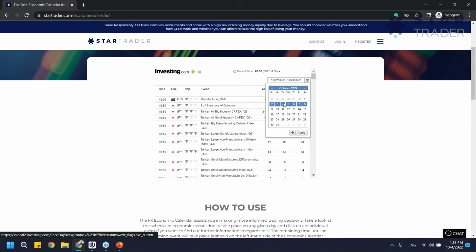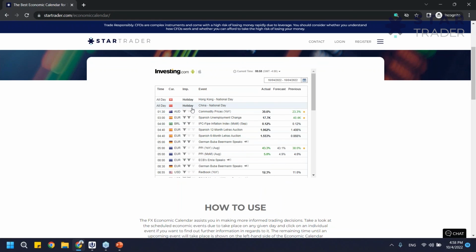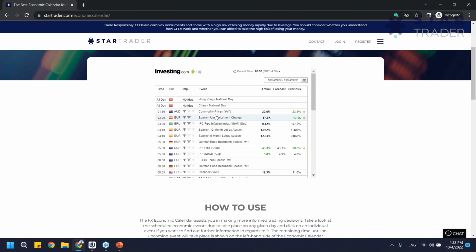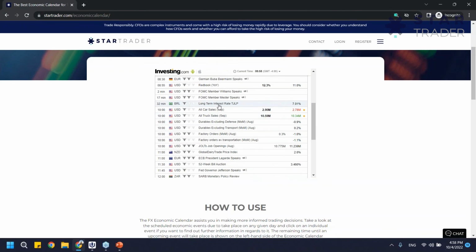For example, we will look at today, October 4th. We have these news events happening in the world that will affect the financial market in one way or another, depending on the currency or the asset you are trading with StarTrader. Since we have more than 170 products, we cover a huge portion of the news from around the world.